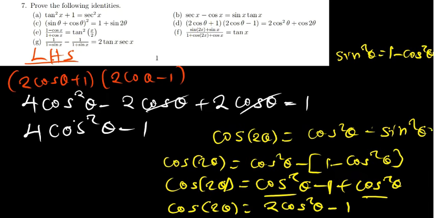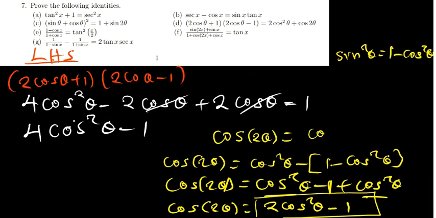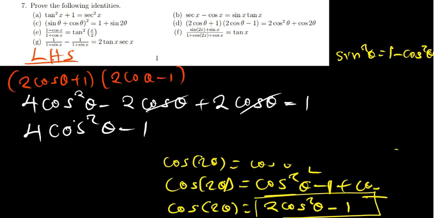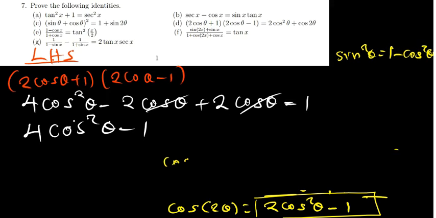Okay, this is another identity which you have to know. Now from here I want to make cos squared the subject of the formula. So I have cos 2 theta is equal to 2 cos squared theta minus 1.